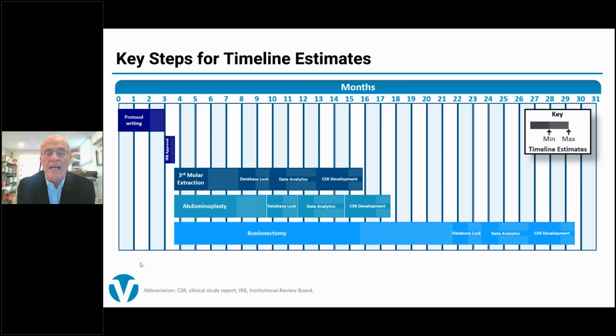It all depends upon a lot of variables, the inclusion, exclusion criteria. But this gives you a sense of a relative enrollment period and timeline with the 3 most common models that are used today to assess drug efficacy and safety for acute pain.